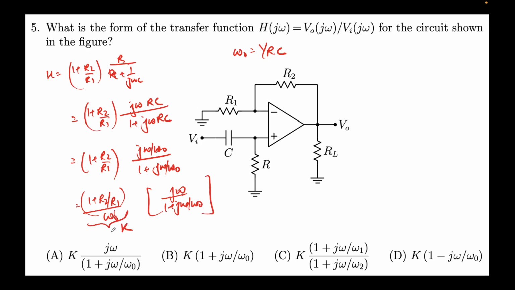So you can now see k times j omega over 1 plus j omega by omega naught, which is option A. Again, which we have been seeing over and over in these problems, you just replace C with the corresponding impedance and solve the circuit like before. So this is a very straightforward problem again.